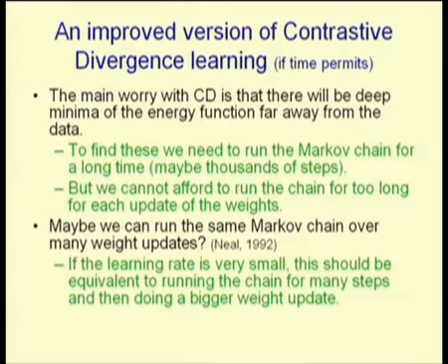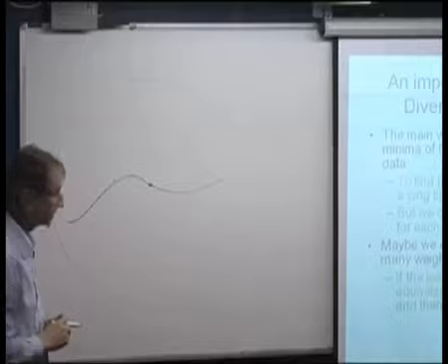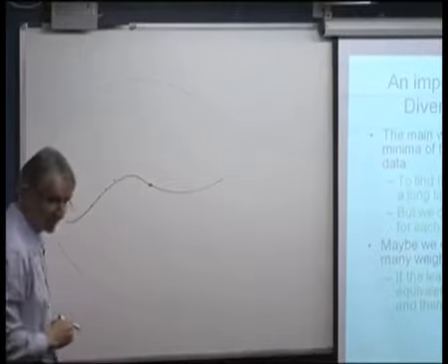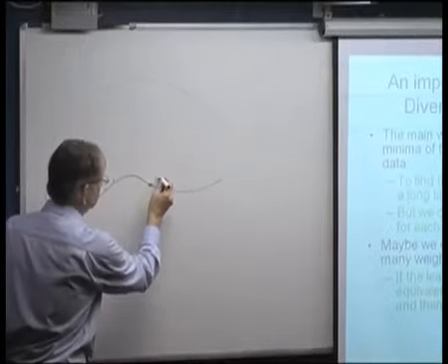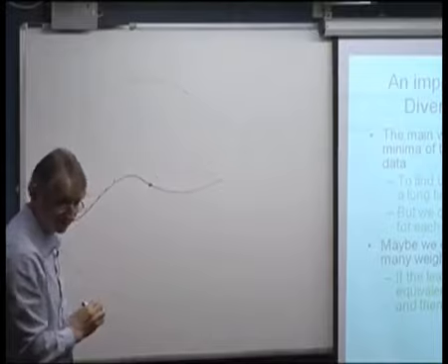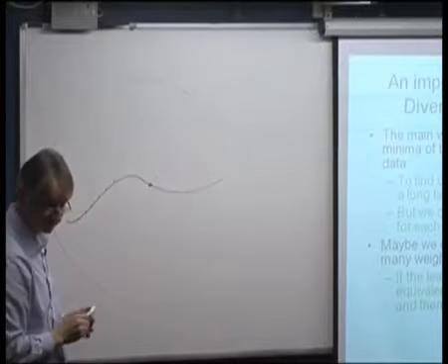I have my data on some manifold like this. Here's the whole space. And this is what I want to be low energy. And so what we do in contrastive divergence is we pick a data point, we start the model there, we say, where would you like to go? And it says, I'd like to go here. And we say, don't go there, go here. So make this higher, make this lower. And that's going to create a ravine along the data.